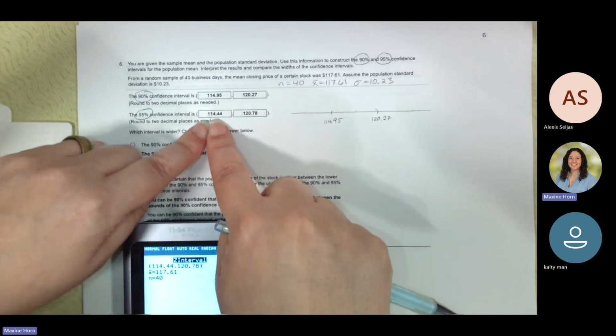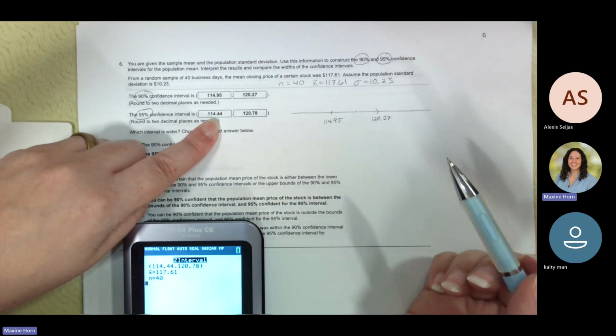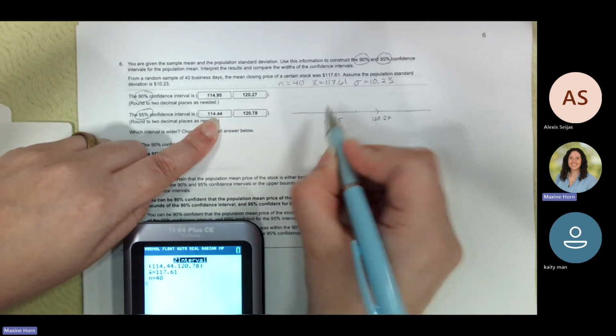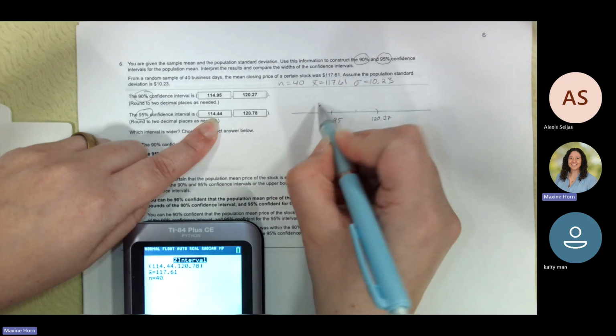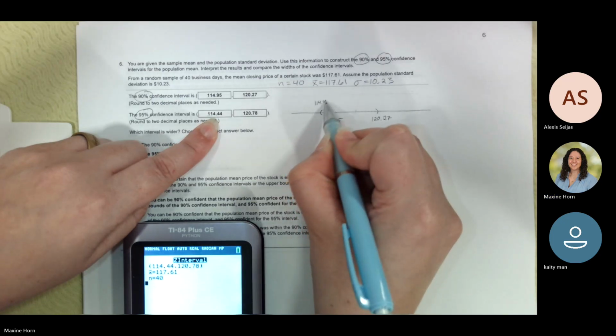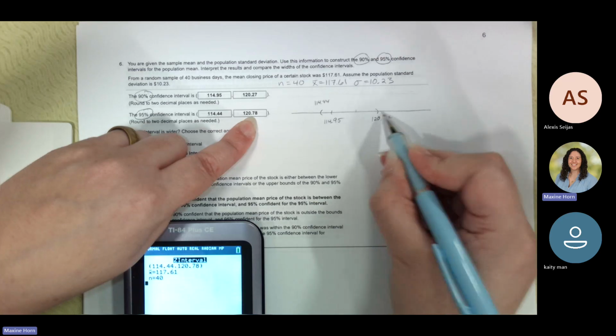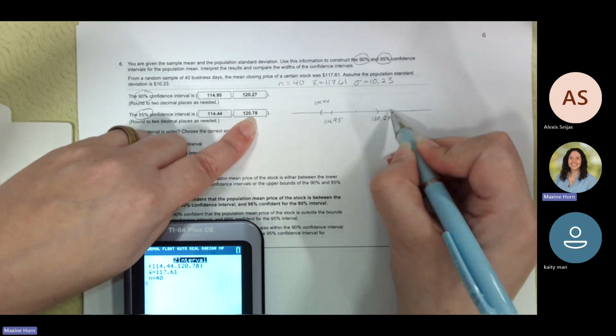Okay, 114.44, that is a lower number than this. It's somewhere to the left. Maybe not very far to the left, but it's to the left. 120.78, that's more than this. Not a ton more than it, but it's more than it.